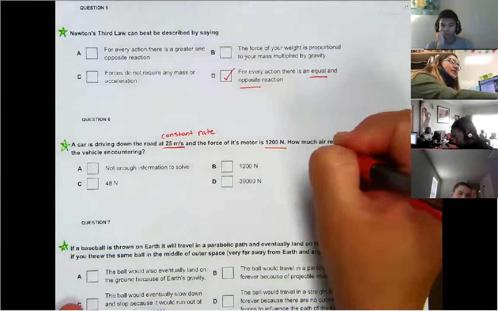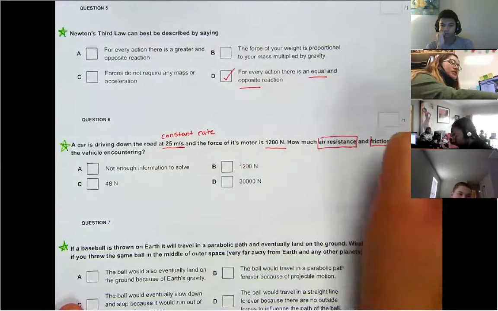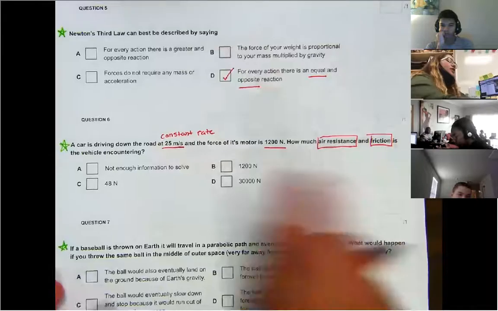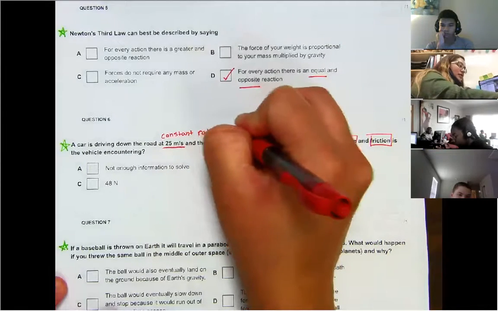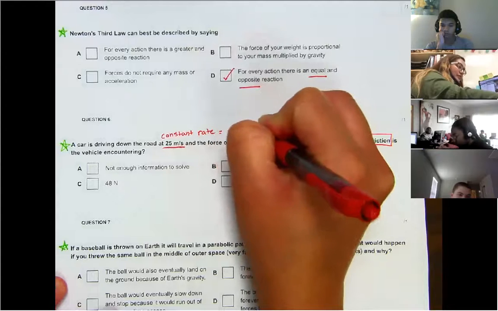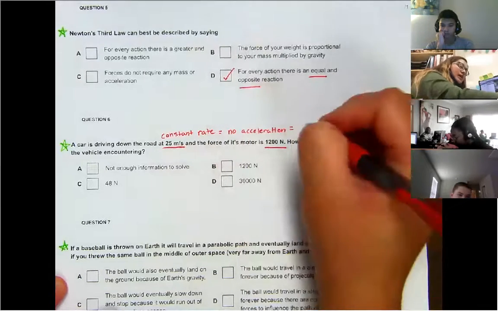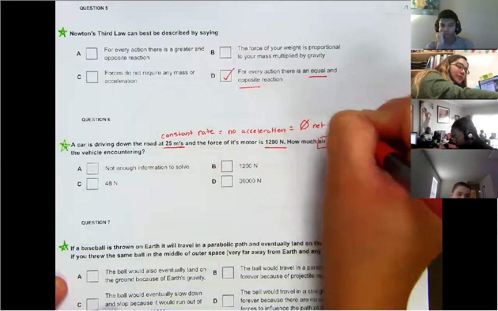How much air resistance and friction is the vehicle encountering? If it's going at a constant rate of 25 meters per second, that means there's no acceleration. And if there's no acceleration, that means it has a zero net force. It's in equilibrium.